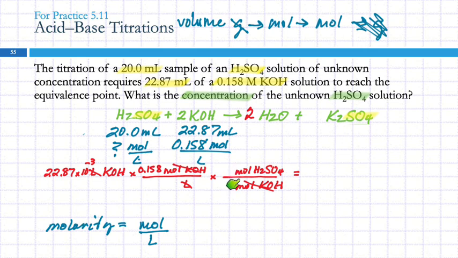Moles to moles, that's the mole ratio from the chemical equation. There's 1 mole of sulfuric acid for every 2 moles of KOH. 1 mole of H2SO4 for every 2 moles of KOH.